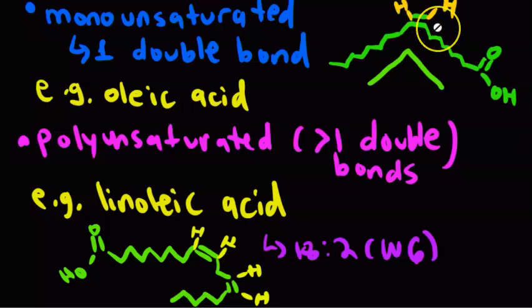So when the hydrogens are on the same side of a double bond, this makes it a cis unsaturated fatty acid. All natural fats have hydrogens on the same side of a double bond, making them cis. So oleic acid and linoleic acid are natural fatty acids. They're cis fatty acids. If the hydrogen was actually on the opposite side of the double bond, that will make it a trans fatty acid.